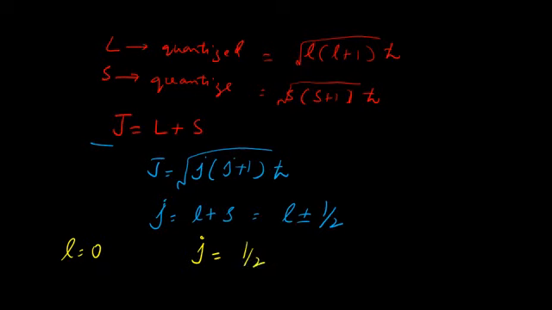J has the value plus 1 by 2, because minus 1 by 2 is not allowed, as negative angular momentum is not allowed. So for L equal to 0, we have only a single value of total angular momentum, that is J equal to 1 by 2.